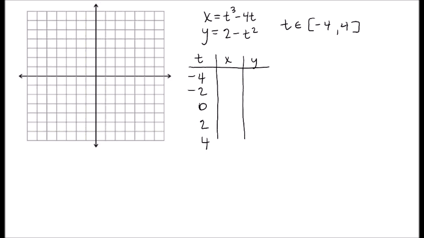If it's not, I know what this thing looks like, so maybe we'll come back in with a calculator in a few minutes and look at a different way to graph these things. Okay, so when t is -4, I take -4 to the third, and that's -64. That's not looking good. And then plus 16, yeah, that's really negative. That's off the graph.